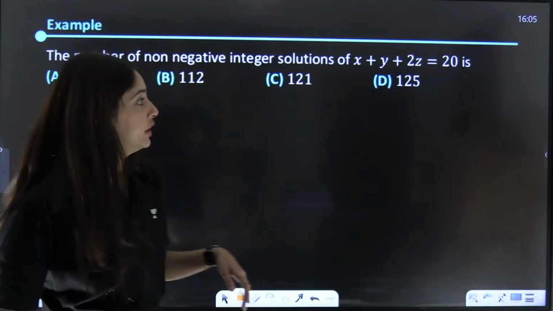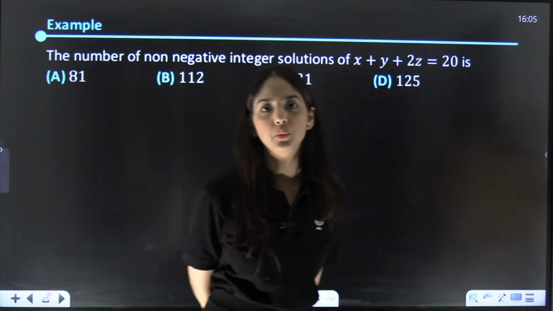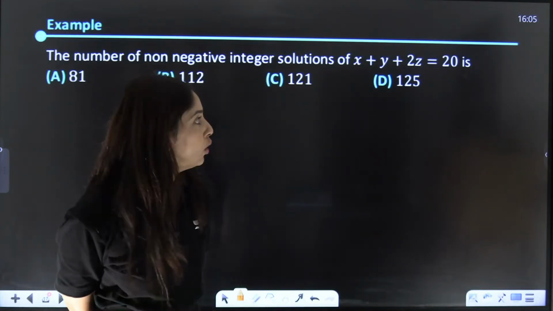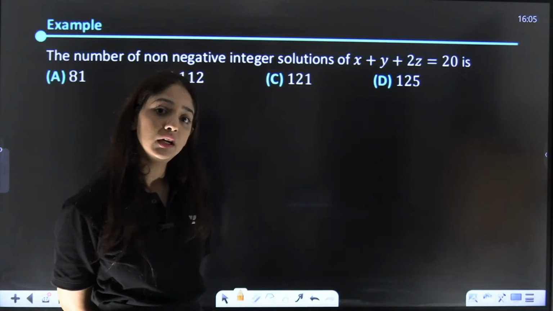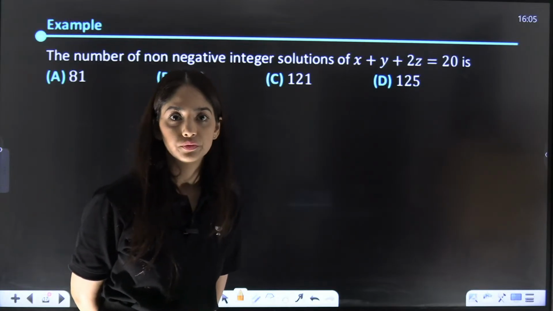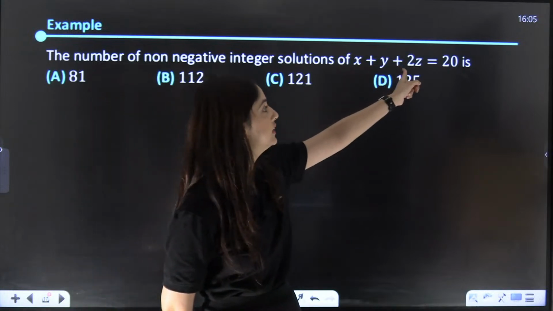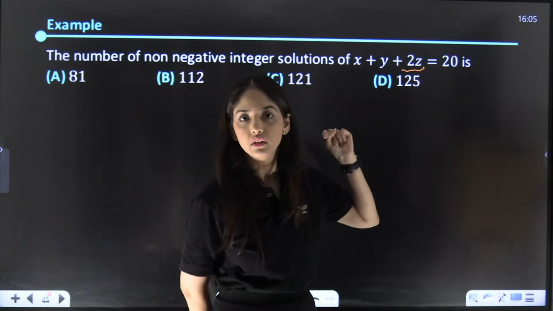Number of non-negative integer solutions of x plus y plus 2z is equal to 20. Now we cannot apply our usual formula, right? Why? Because there is a 2 here.